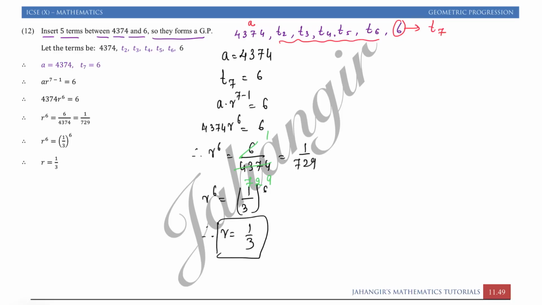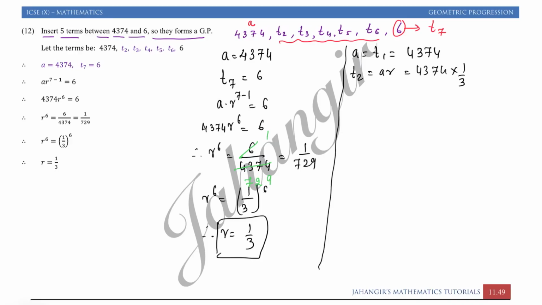We got R. As we know, the first term is A, that is T1, which is 4374. Now the second term T2 is AR, that is 4374 into 1 by 3.